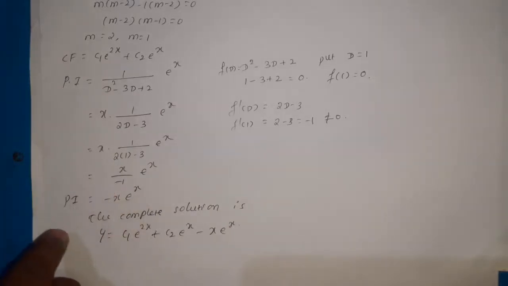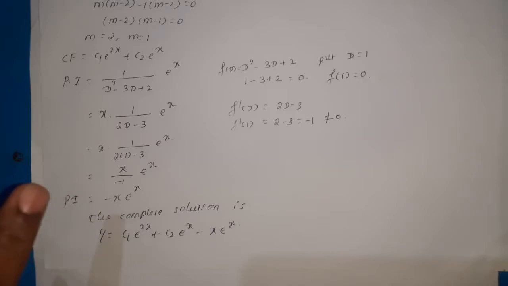If it is equal to 0, then differentiate the denominator once, then proceed the same. If again the denominator is 0, then repeat the procedure, again differentiating the denominator with respect to D, then substituting the value of a.